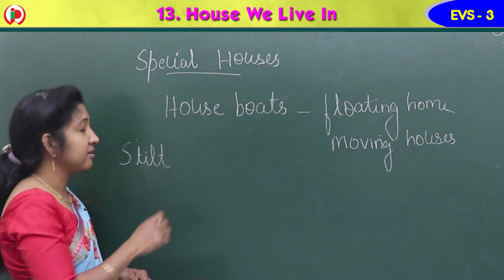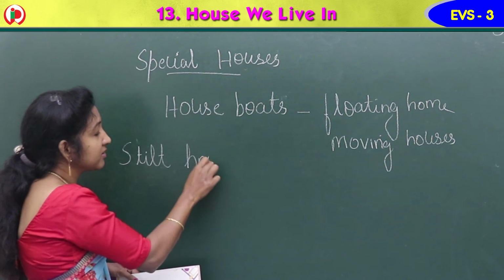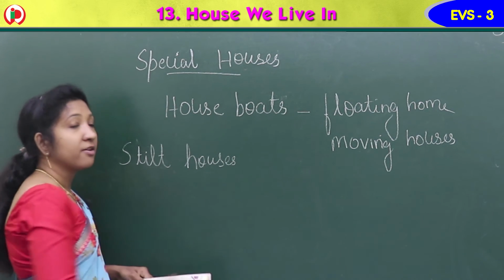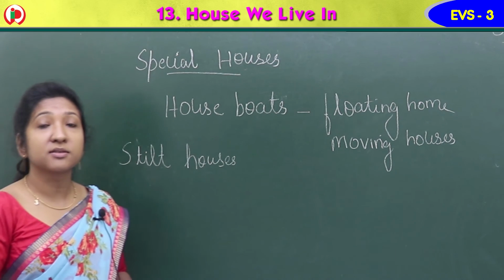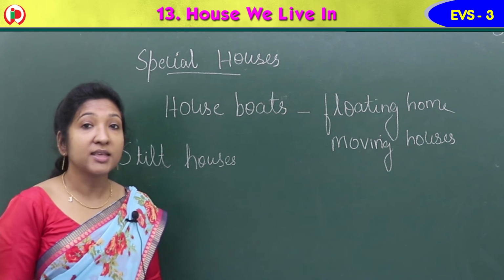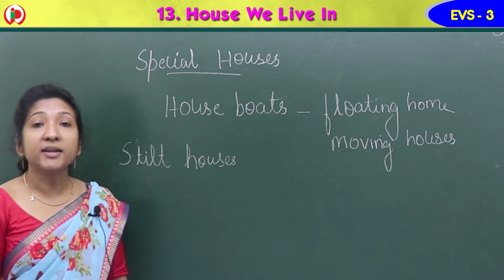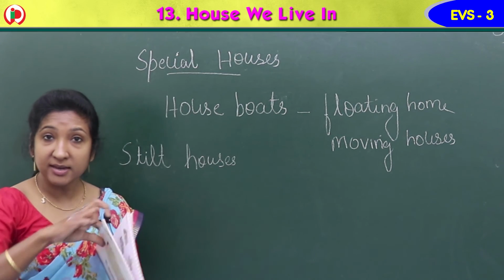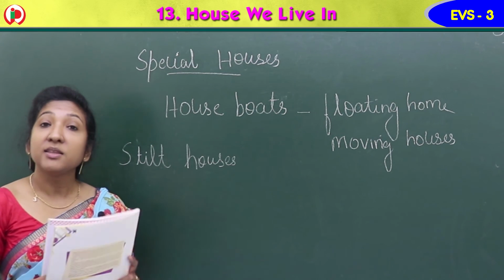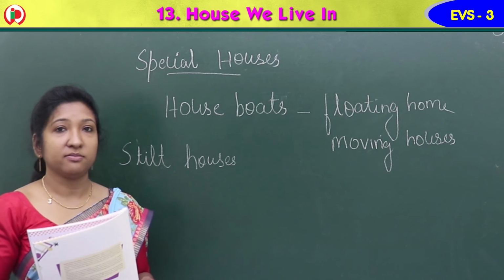S-T-I-L-T, stilt. We learned about stilt houses. What is the specialty of this house? Stilt houses are made in Assam. People in Assam used to build stilt houses, isn't it? Why? There it rains a lot.